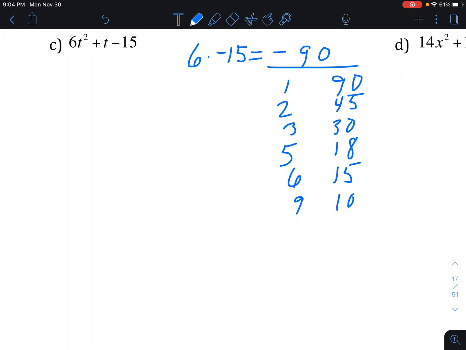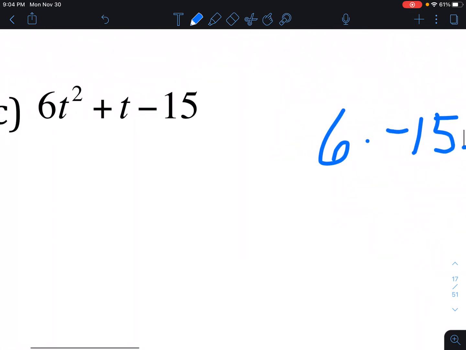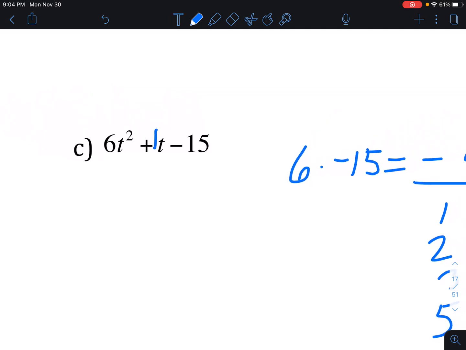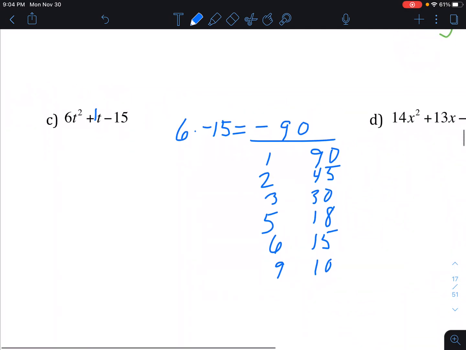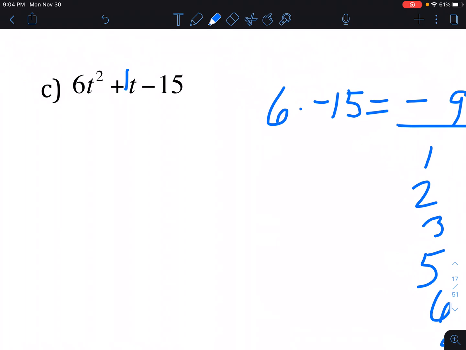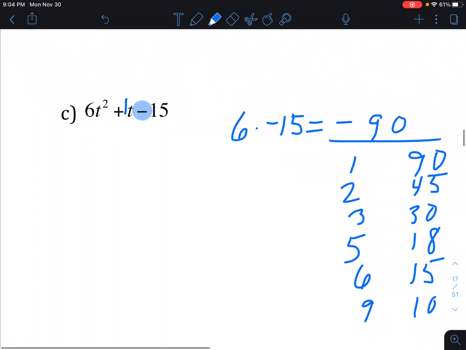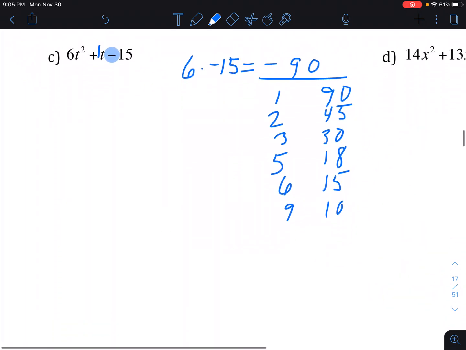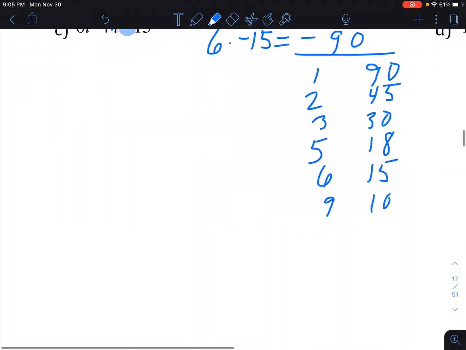Now again, draw attention to the B term. It's an invisible 1, plus 1. So we need two numbers that are going to subtract to get 1. Notice I said subtract. That is because the C term is a minus. And remember, when it's a minus, we have plus and minus for my signs.